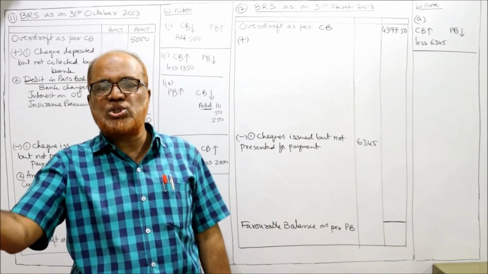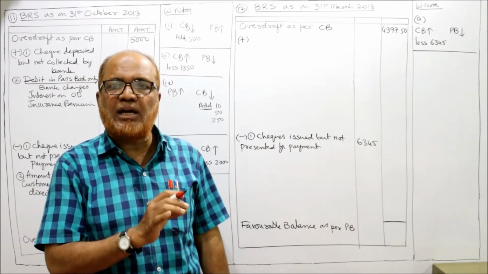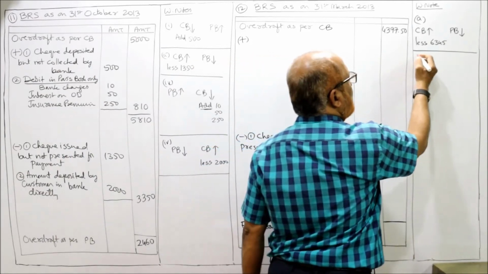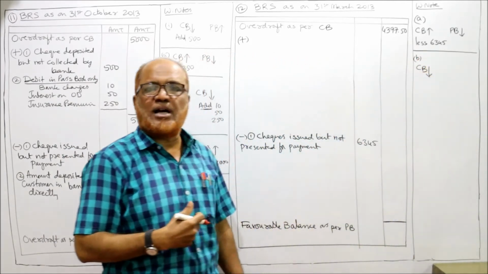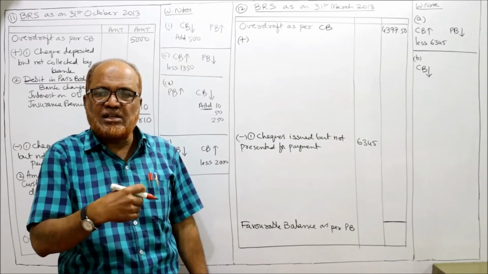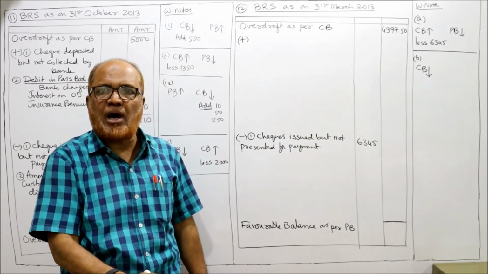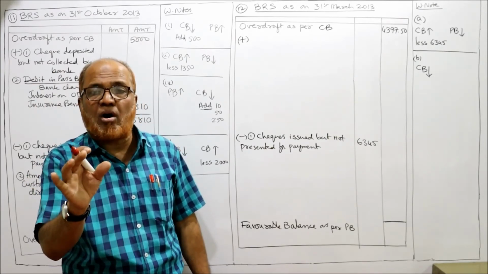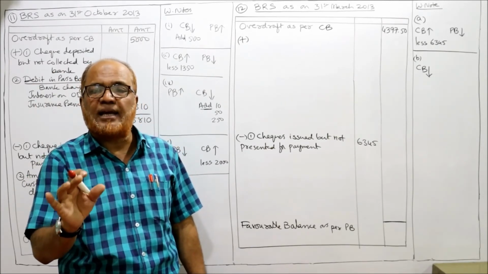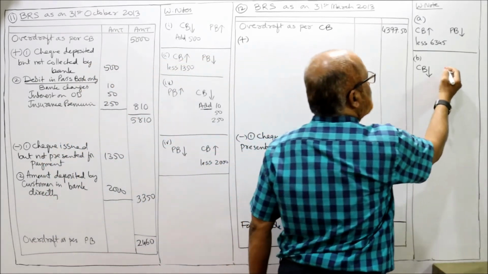Before depositing the check in the bank, we record it in the cash book, so cash book overdraft will decrease. We have received a check from the customer. As soon as we receive it, we record it in the cash book, OD will come down. But passbook OD is still showing more balance because the check is not collected by the banker.